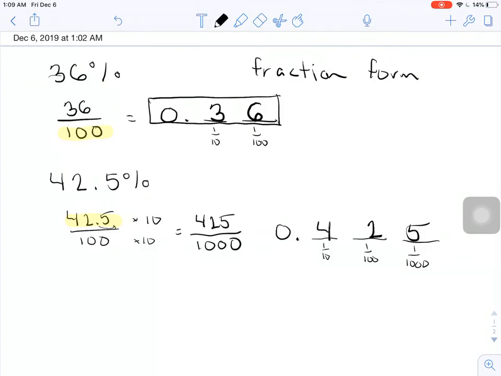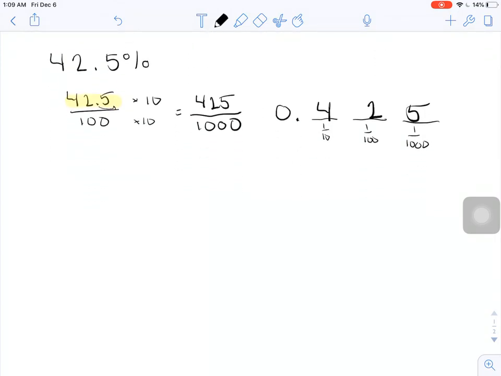If we want to go the other way, then we can basically reverse that process. We're going to write the fraction based on the place value, then write the percent from the decimal. We're going to start by writing a fraction based on place value from the decimal. Again, we need to remember how place value works.